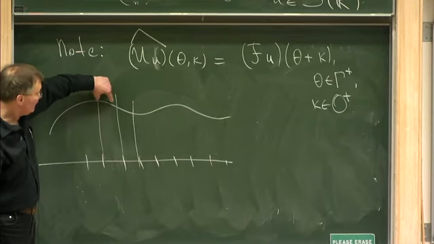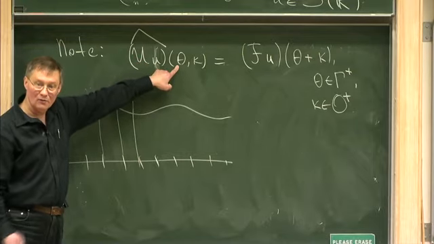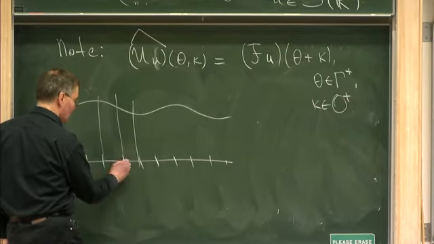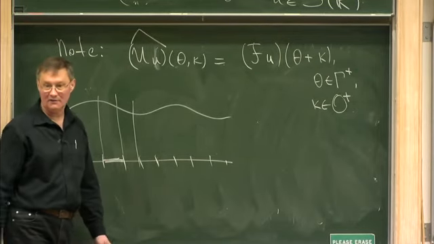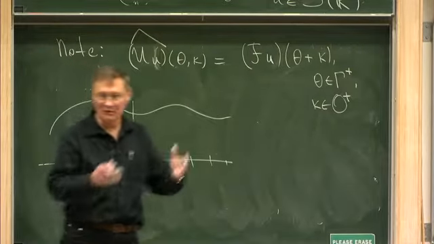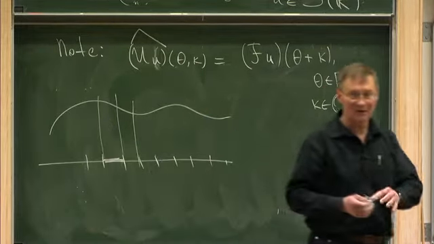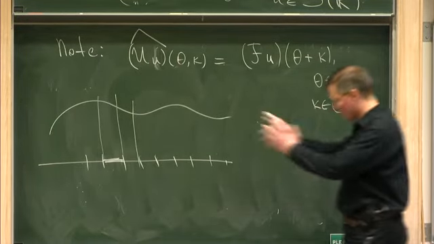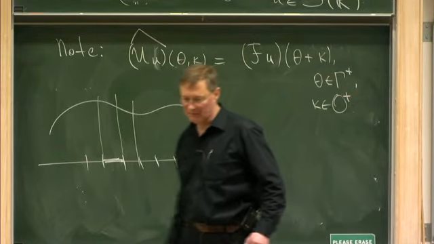Okay? So theta will be the number of the strip, and k will be the variable inside the strip. So you just slice it up, collect it together, and now you have your new representation. Okay, so that's a useful fact to remember.